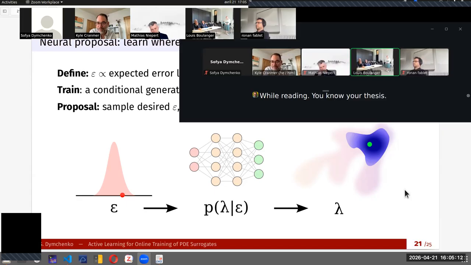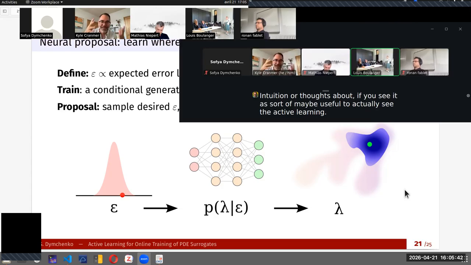When you have static pre-training, compared to active learning, you can start to think of the active learning algorithm and the training together as somewhat of a dynamical system, with things like mode collapse or different types of dynamics that you run into. I'm wondering if you have any intuition or thoughts about whether it's useful to see the active learning loop as a dynamical system itself, either from a theoretical point of view, where there might be some insights, or from a practical point of view. And if you don't see anything, that's fine. I'm just curious if you have any thoughts on that.